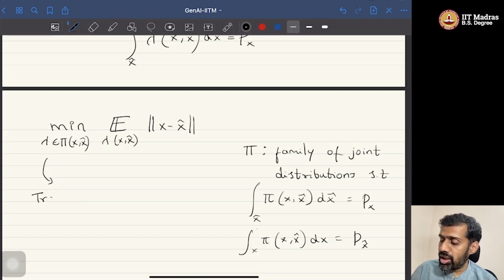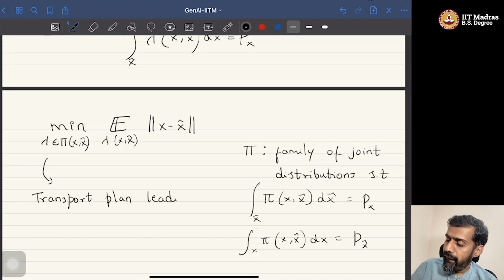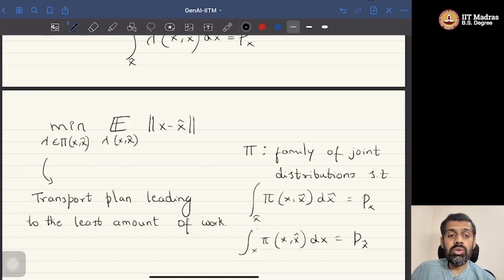This corresponds to a transport plan leading to the least amount of work. Solving this optimization problem should give you a particular transport plan, and this particular transport plan should correspond to the least amount of work that is done.